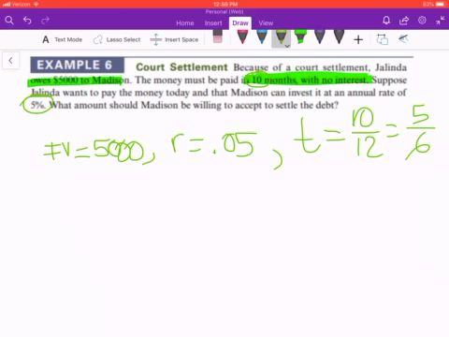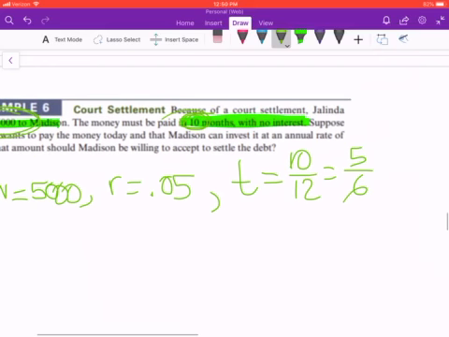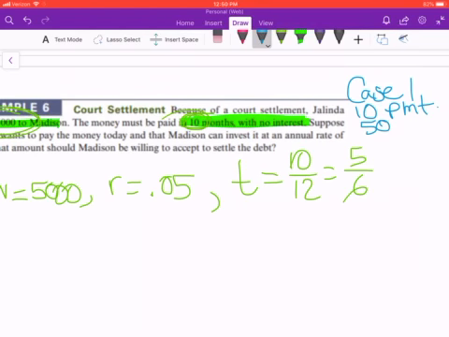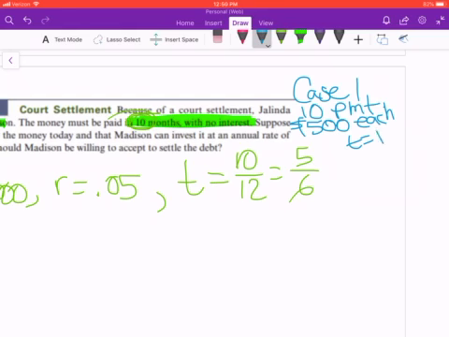Case 1 is that Jolinda pays $5,000 in 10 months. So imagine that you have 10 payments of $500 each. But because time equals money, and here we're talking about 10 months, right?